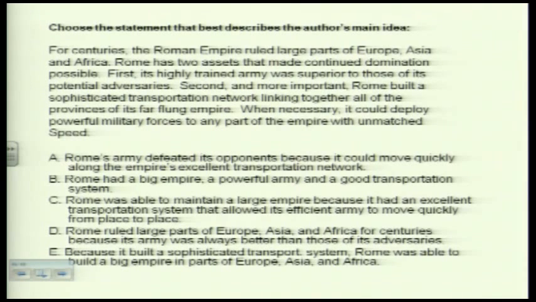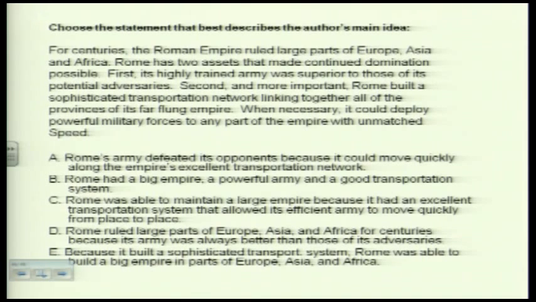Okay, most of you are finished. So which of these choices would have to go first, do you think? Which choices could you eliminate first? A, you could eliminate that, right? Because there's no cause and effect relationship between the first one and the second one. The paragraph here didn't state that Rome defeated its opponents because it could move quickly.